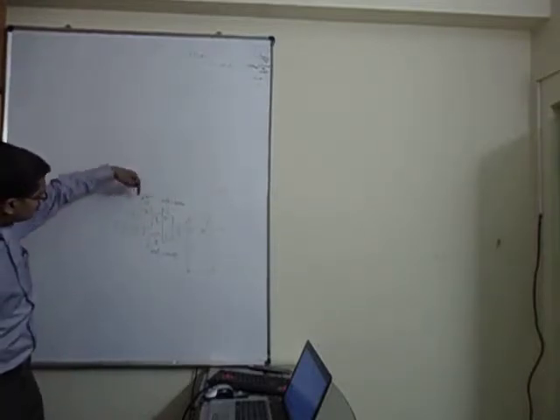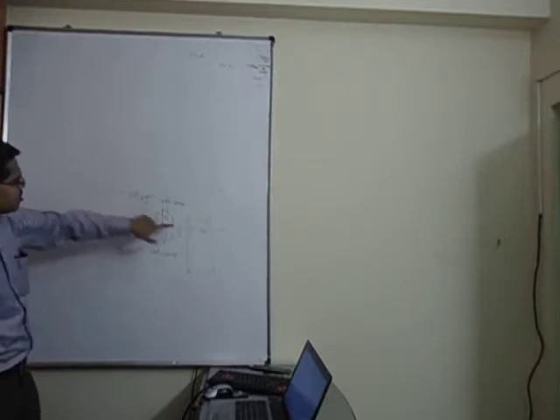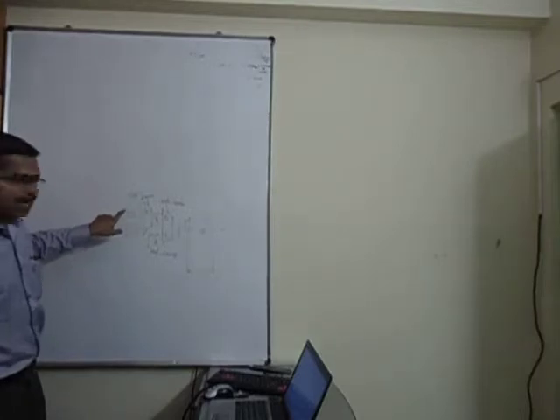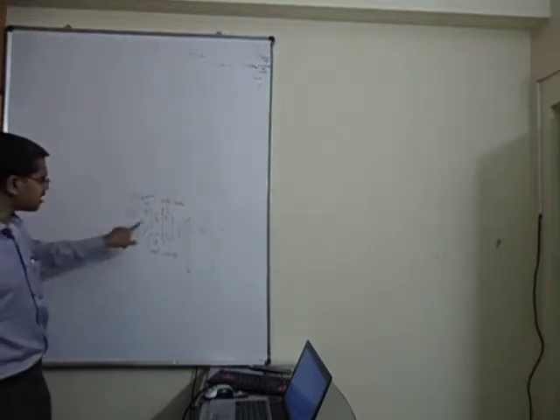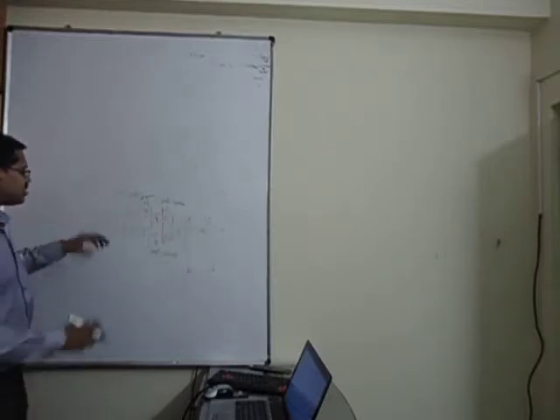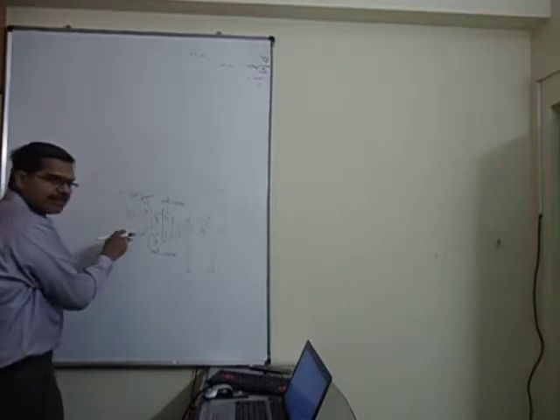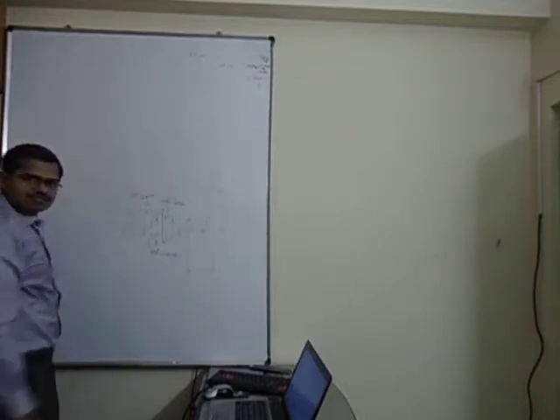When up bar by down is 0, count plus 1 goes here. When up bar by down goes 1, it means a decrement, and this path gets enabled. This total path is the data path, and these are the control signals, up down.